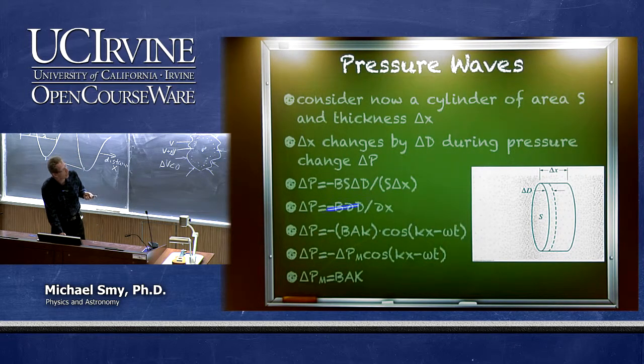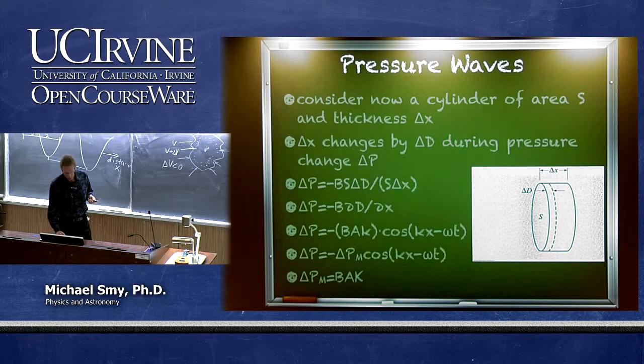We can write symbolically that after canceling out the surface area S, delta P should be minus B times the partial derivative of D with respect to x.